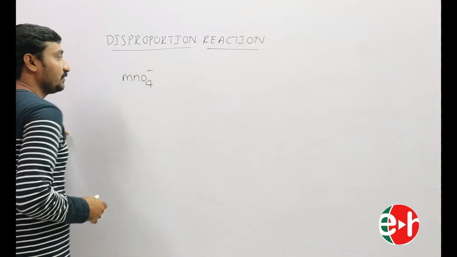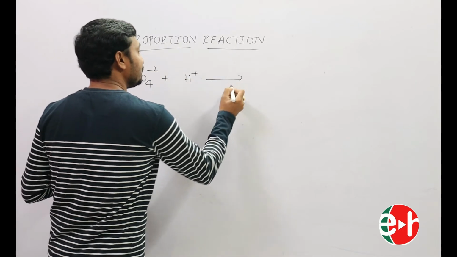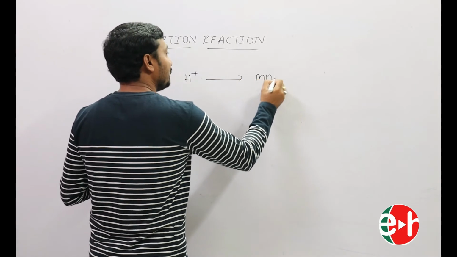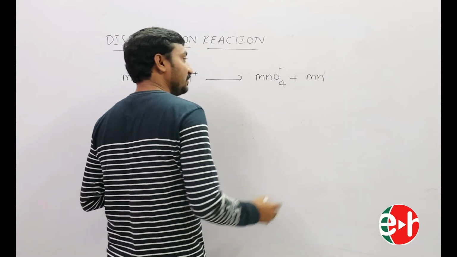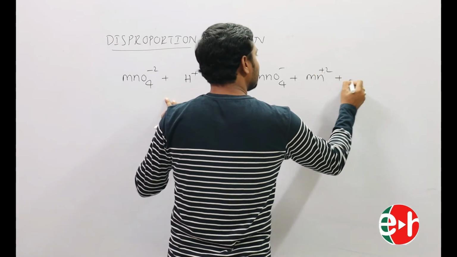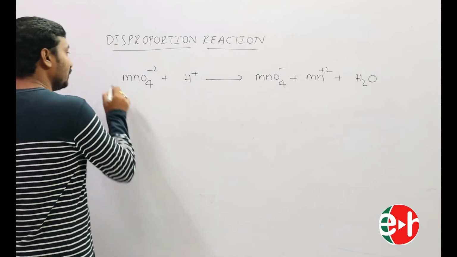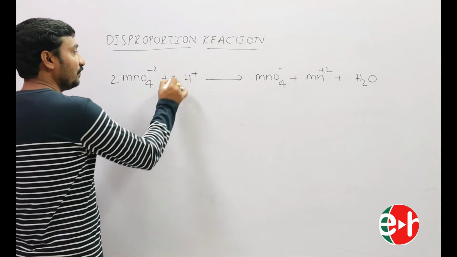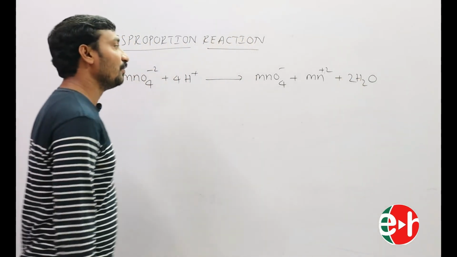MnO4 2- plus 4H+ gives rise to MnO4- plus MnO2 plus 2H2O.